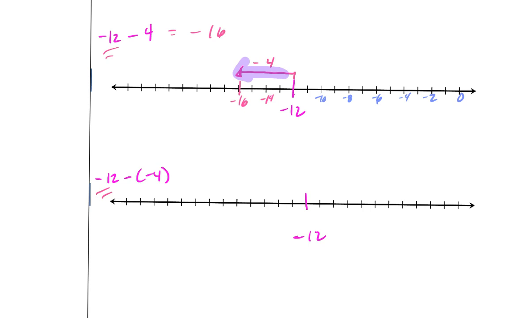And then what could I add to -12? That's the next question. If I have -12 plus what would also give me -16? And so if we look at that, then what we would say is we're still going the same direction, but now we're just saying this is adding what?